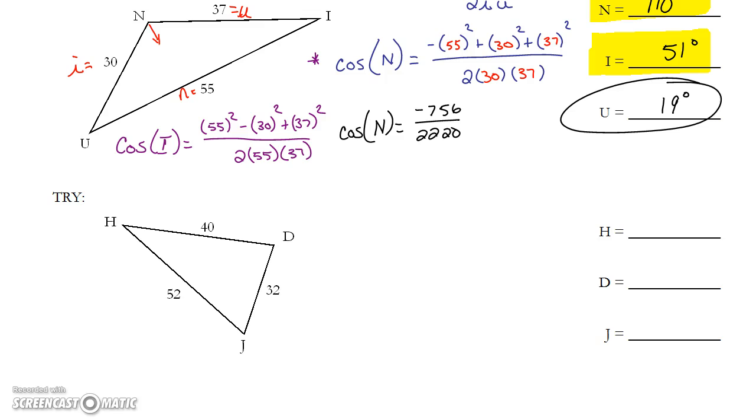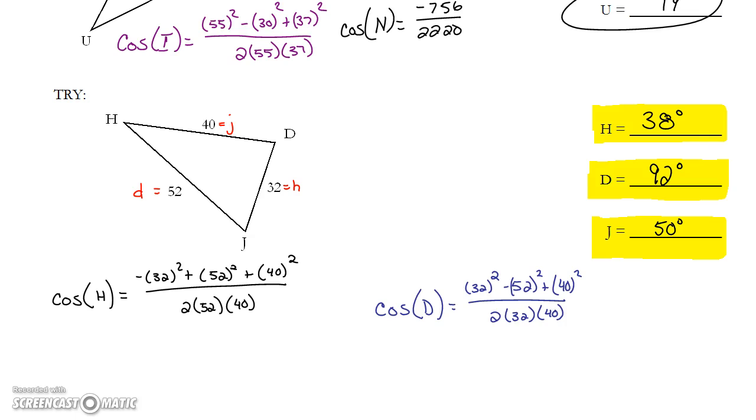I want you to go ahead and try it on your own. After you press pause, unpause to check all of your answers. And law of cosines should have got us 38 degrees using this equation for angle H, 92 degrees using this equation for angle D, and triangle sum gets us 50 degrees for angle J.